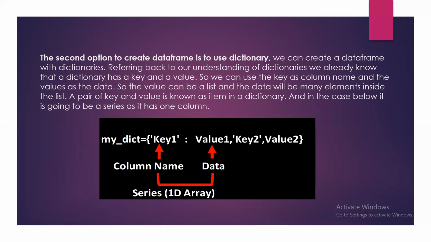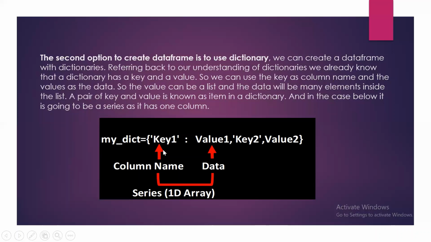So the values can be a list, dictionary, or any iterable object, and the data will be the many elements inside the list or dictionaries. And in a dictionary, a pair of a key and a value is termed as an item, and we can see that our dictionary has a key and a value which is separated by a colon.